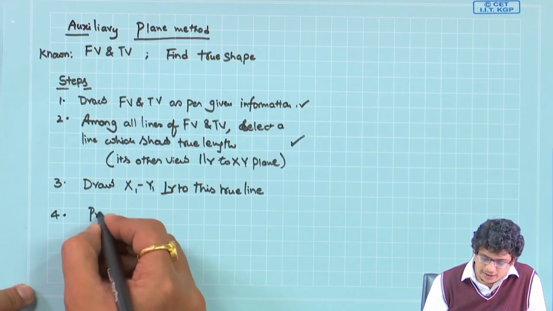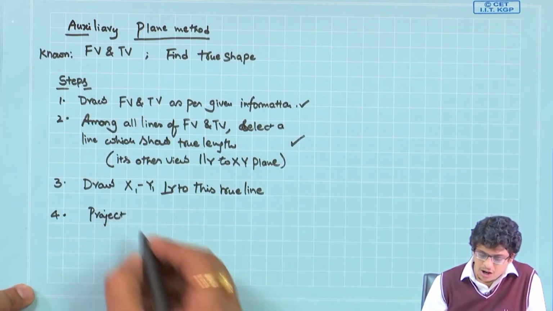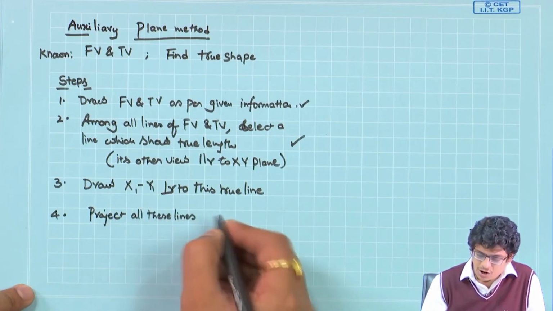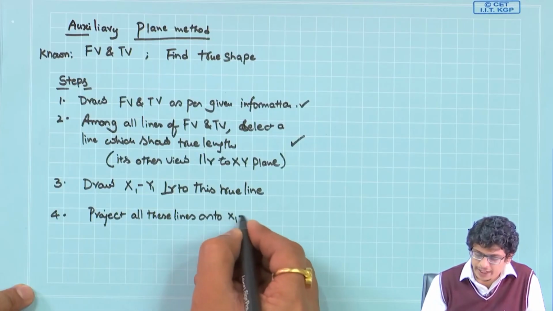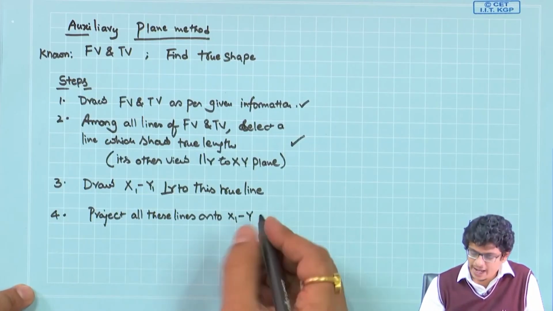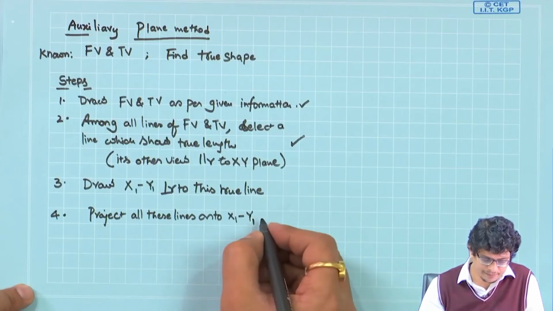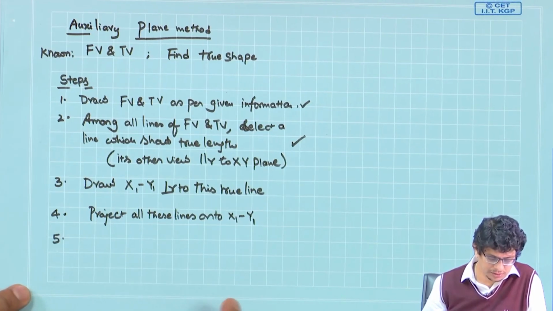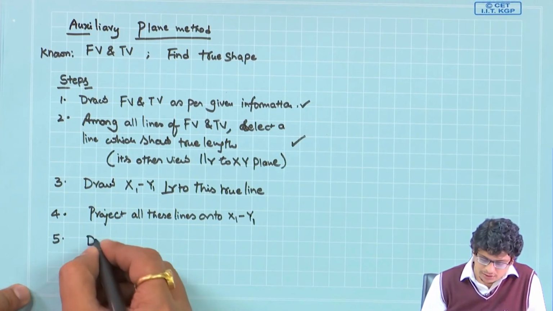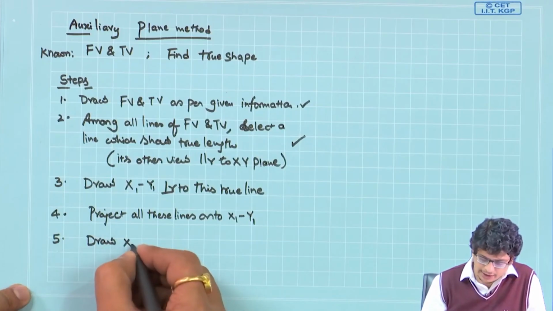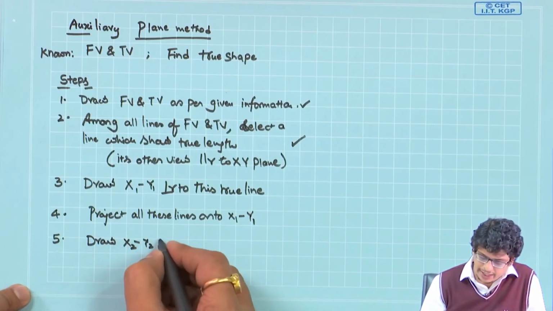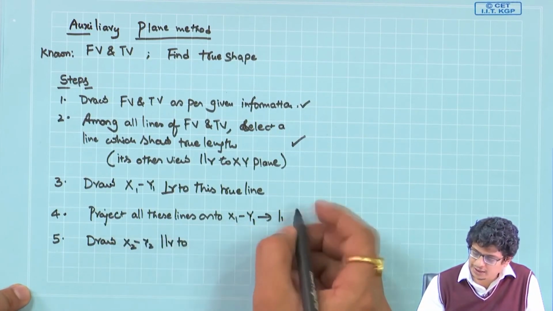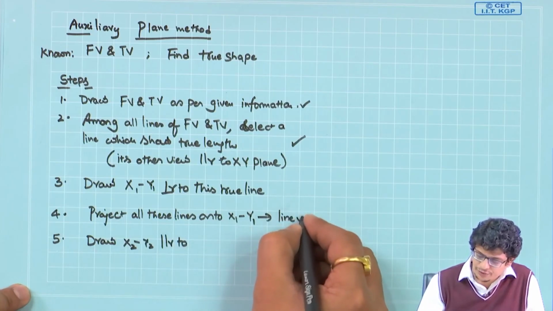Now, project all these lines onto this new plane which we call the auxiliary plane, the x1 y1 plane. Now, draw x2 y2 again parallel to this, project all these lines to x1 y1, and we will get a line view.